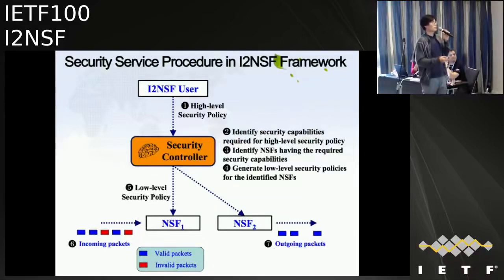And then the security controller sends the low-level security policy to each of the network security functions through this NSF-facing interface. And then the network security function enforces low-level security rules on incoming packets to eventually enforce this high-level security policy requirement.